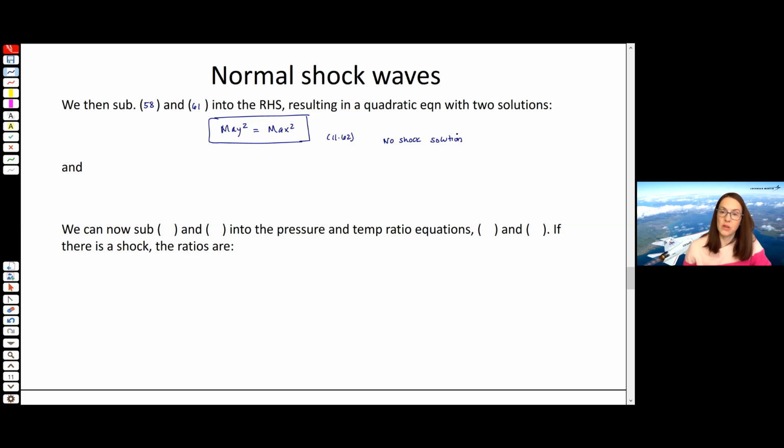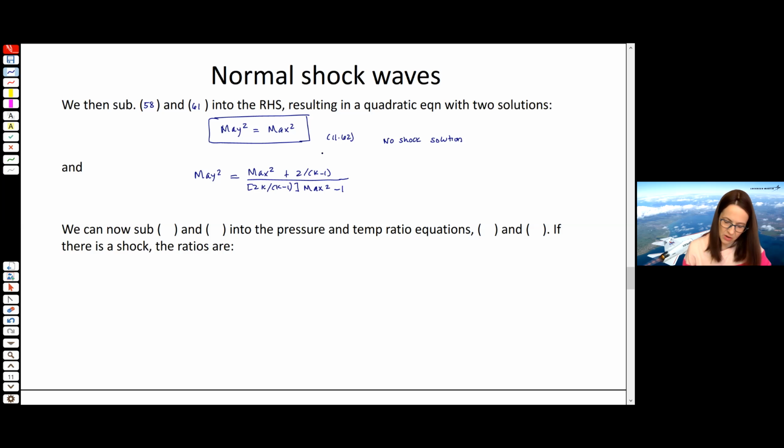And then the other solution of the quadratic equation is a bit more complex. It also gives us May squared, and it tells us that's equal to Max squared plus 2 over k minus 1, all over 2k over k minus 1 times Max squared minus 1.